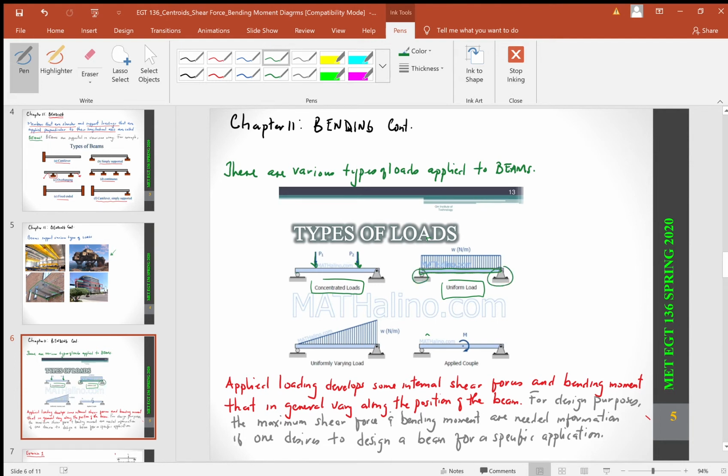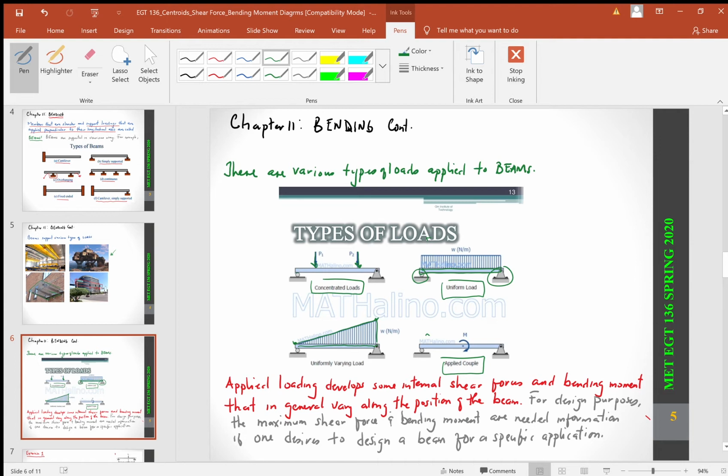And you have a varying load, because it's more like a triangular formation. Call that a triangular load. It's varying from this end to this end. And then you have what you know as an applied couple, where you're applying a moment across this particular beam.